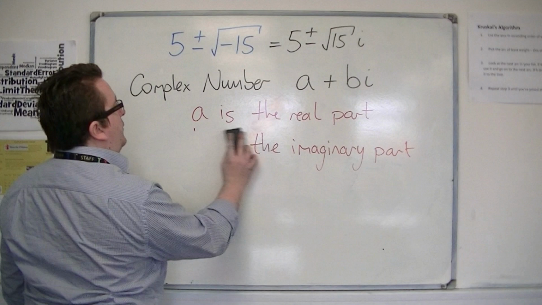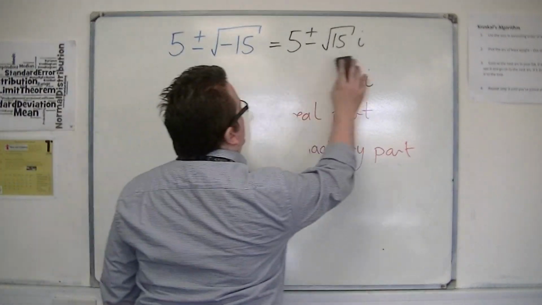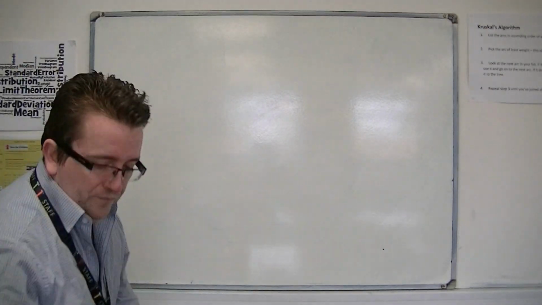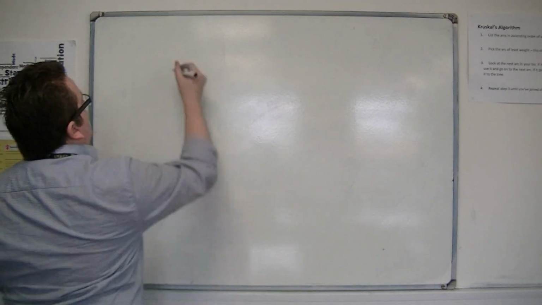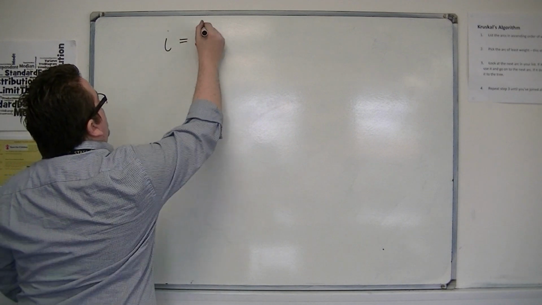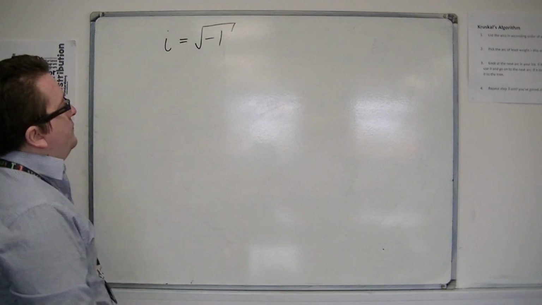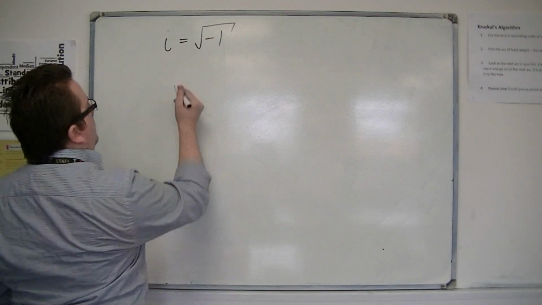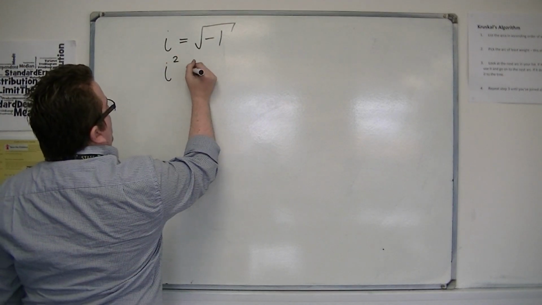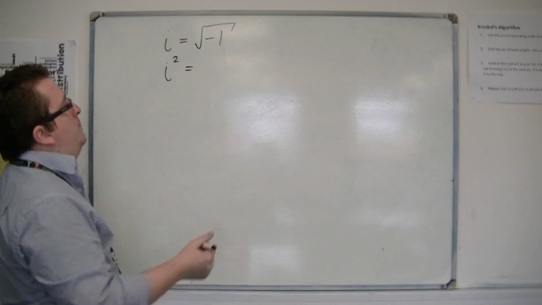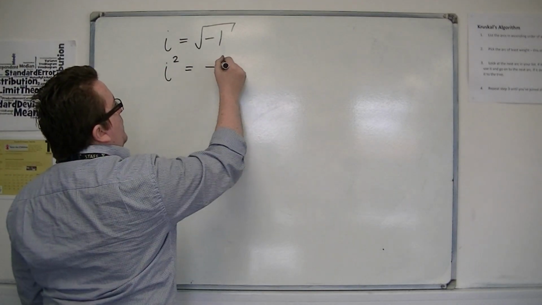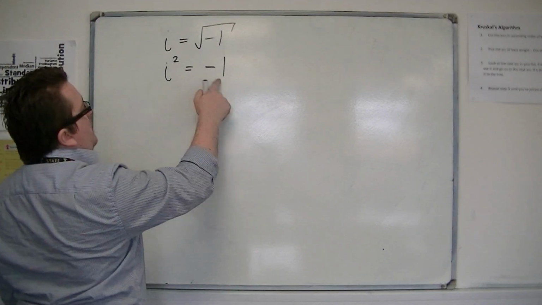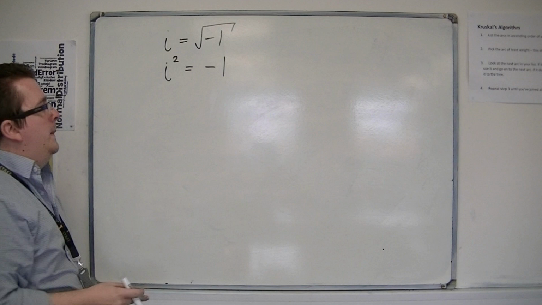So let's look at some of the bits and pieces that we can do with this letter i. Okay, so first of all, if we just redefine i as being the square root of minus 1, then there are certain things that we need to look out for. You could of course have i squared. Well, that would be the square root of minus 1 squared, so that would have to be just minus 1. Okay, and sometimes people like to define it this way.